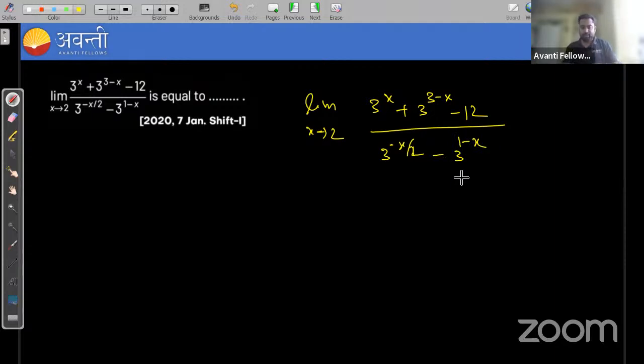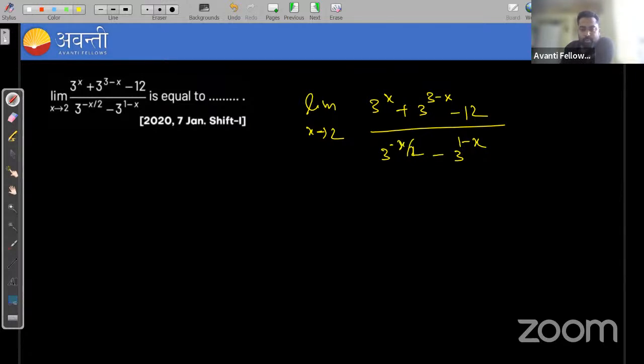So is it in the form of 0 by 0 or infinity by infinity? Let's check. If we put x equals 2, 3 squared is 9, and 3 to the power 1 is 3, so 9 plus 3 is 12, minus 12 is 0. The denominator will be 3 to the power minus 1, that is 1 by 3, minus 3 to the power minus 1, 1 by 3, which is 0. So it is in the form of 0 by 0.